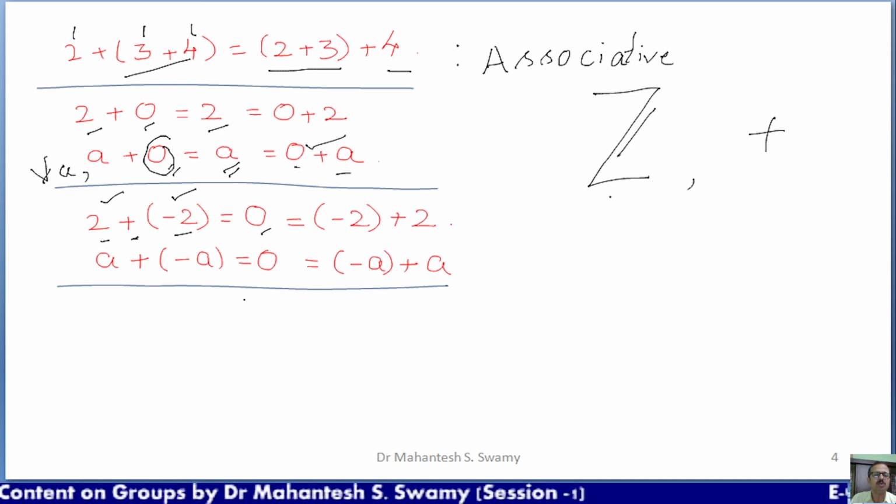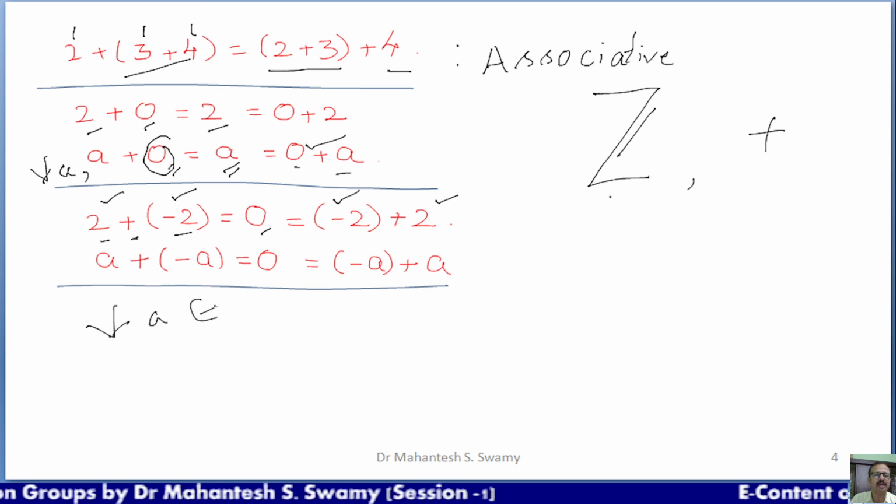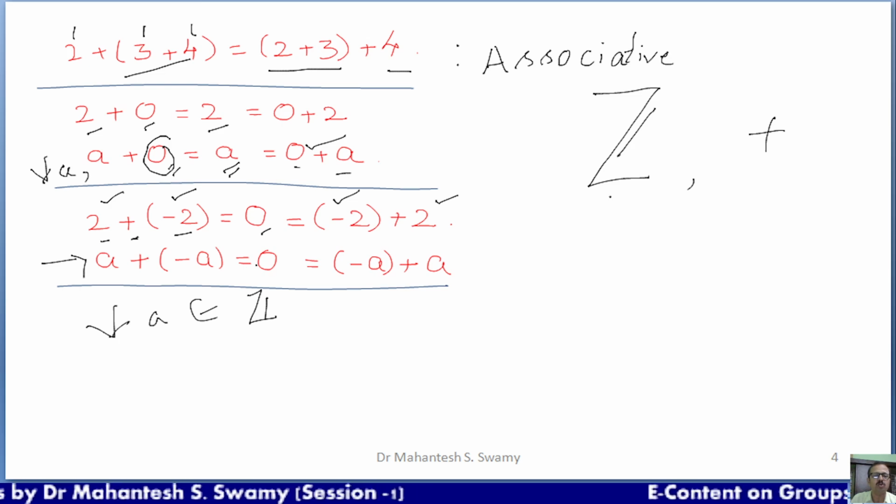And you can say that minus 2 plus 2 is also equal to 0. In general, for any element A belonging to the set of integers, you can observe this particular property: A plus (minus A) equals minus A plus A equals 0.